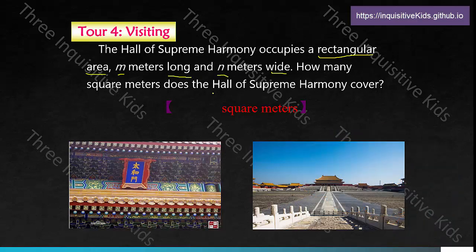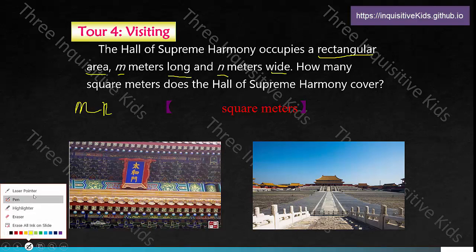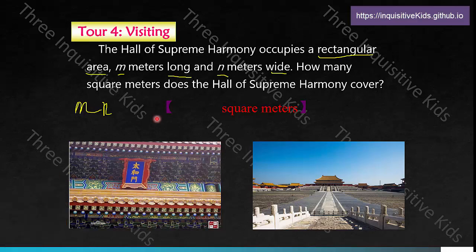So basically, it's asking for the area of this building. To find the area, all we have to do is multiply the length and the width, so that's mn. Remember, we can omit the multiplication sign. So it's mn square meters.